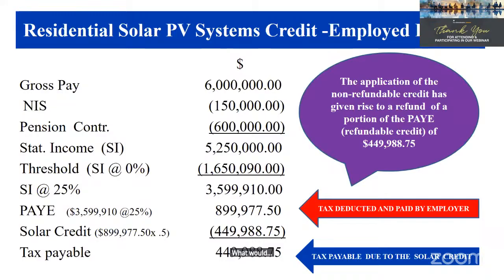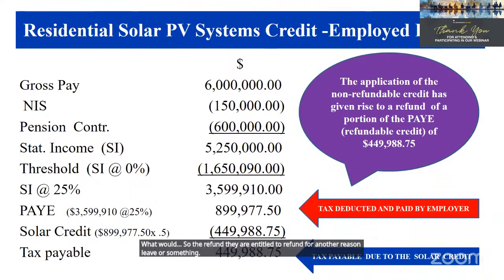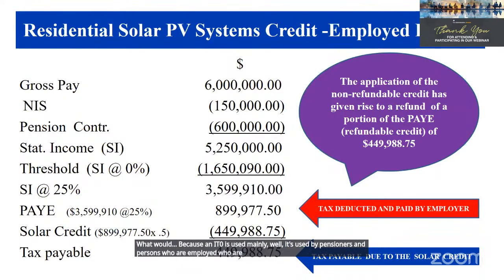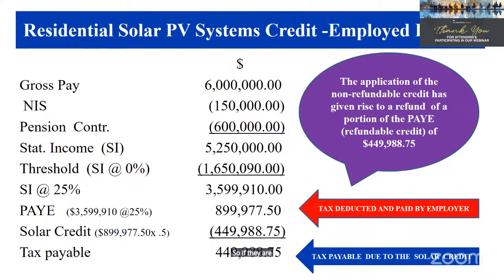Oh, so the refund, they are entitled to a refund for another reason. Probably they went on study leave or something. An IT-05 is used mainly by pensioners and persons who are employed who are entitled to a refund. So if they are entitled to a refund for any reason, as long as the year is not statute barred, then they may go ahead and file their return.